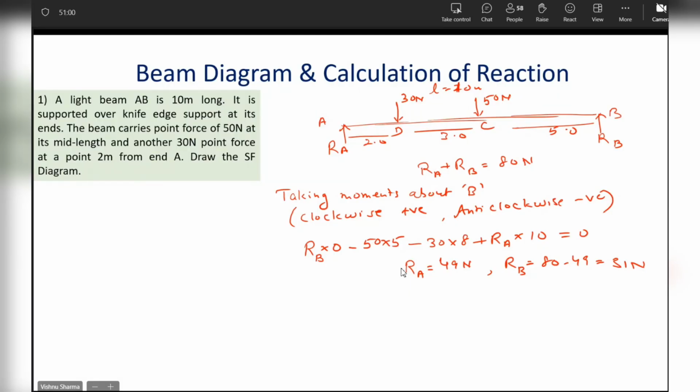Now what I'll do is I put your reactions on the diagram. RB is 31 newtons. RA is 49 newtons. Guys, I'll be clearing my screen to go further. I'll start with reactions put in the diagram. Are you comfortable, or anybody has anything to ask?